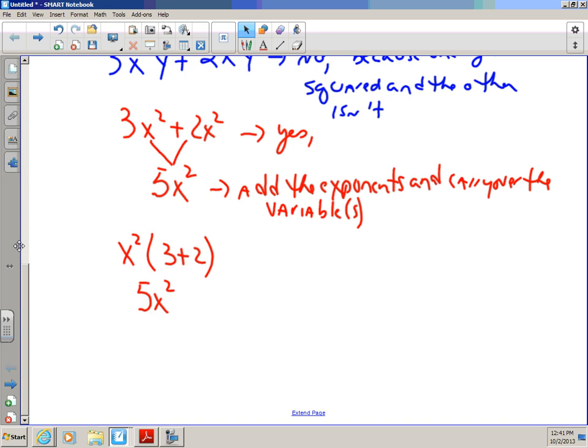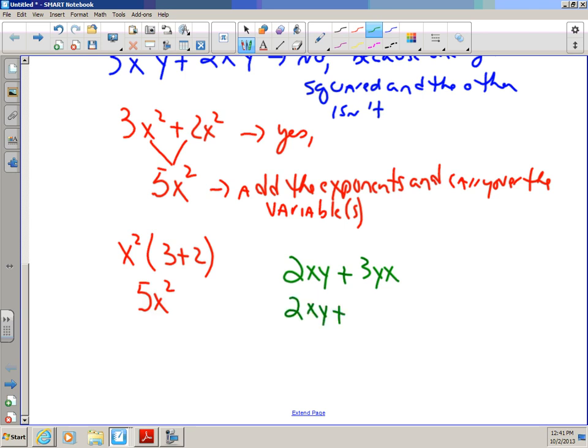Next question is, what if I had 2xy plus 3yx? Are they like terms? Well, hopefully you'll remember that I can change the order when I have all multiplication or all addition using the commutative property.